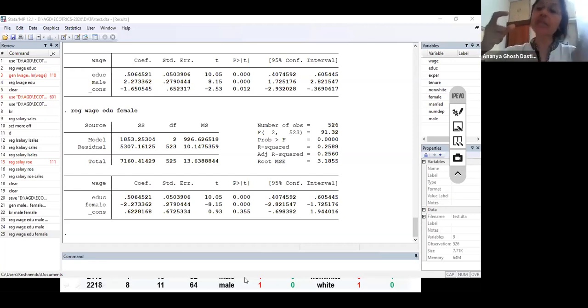The coefficients are capturing differences with respect to the base group. Okay, so that is what you'll have to keep in mind. And you can always change the base group by changing your dummy, which is why I'm keeping both male and female. Some regressions I will report female dummy, some regression I'll report male dummy depending on what I want to do. Okay.